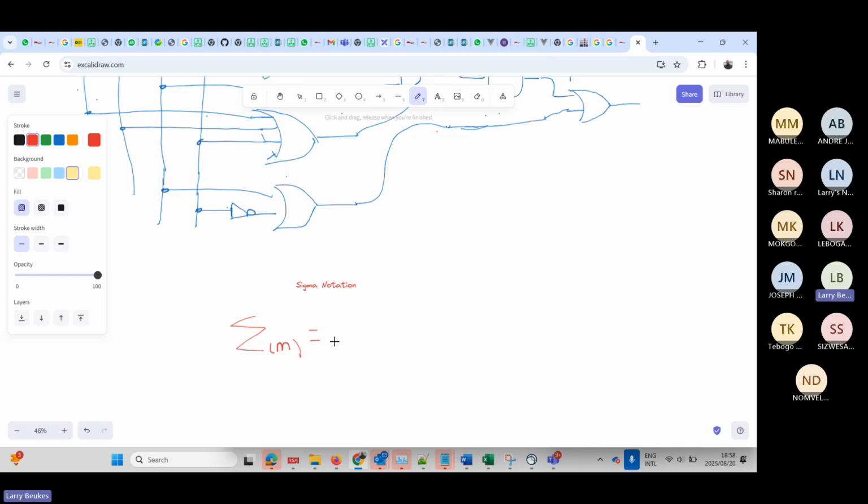When they say sigma notation, they might give you A, B, C, D. This is in SOP form, sum of products. And then they might give you, let's do another AB. We won't do a lot, maybe just 3 times so that we can have time to cover most things here. A, B, C, D. Last one, A, B, C, D.